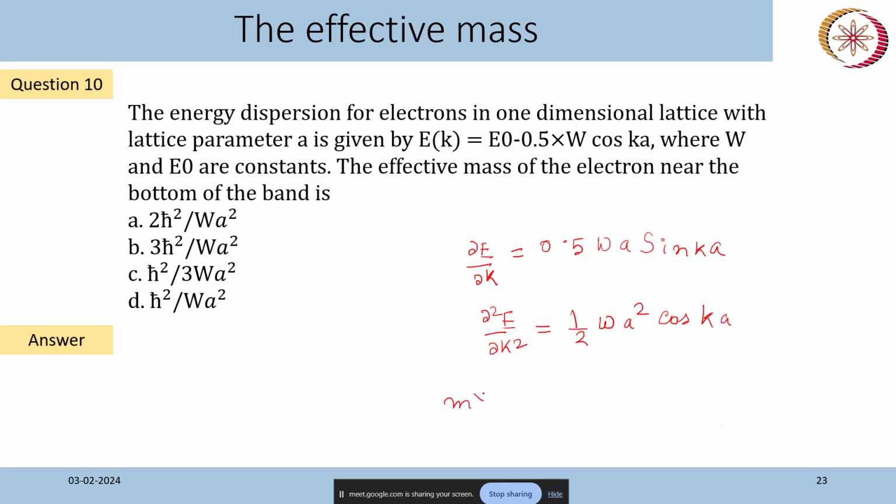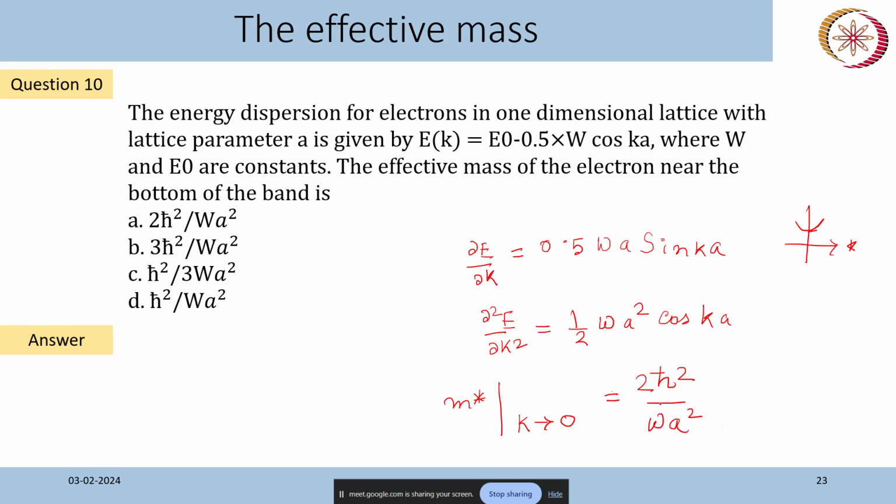So m star, at the bottom of the band, that means where k tends to 0. If this is the bottom of the band, then k tends to 0, so we can write k as 0, and the expression will be h bar square, the 2 will go there, over W a square.